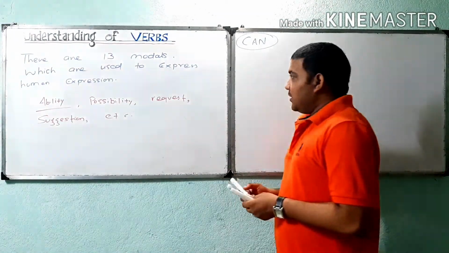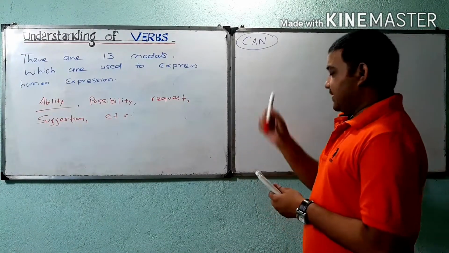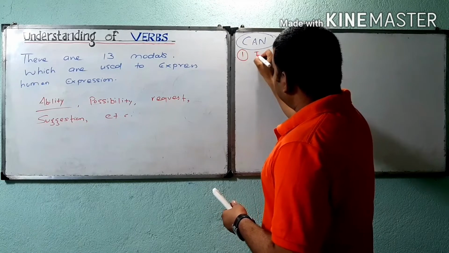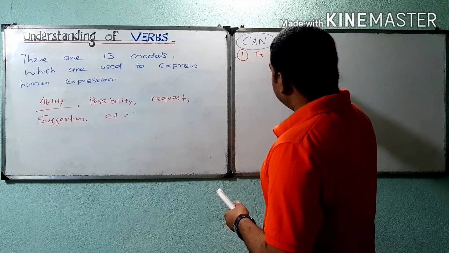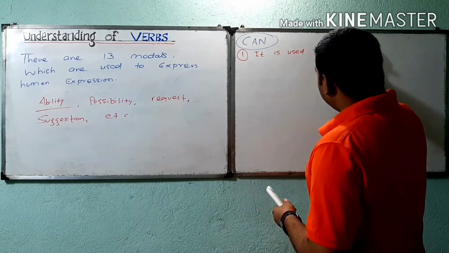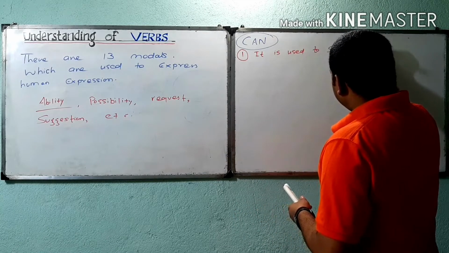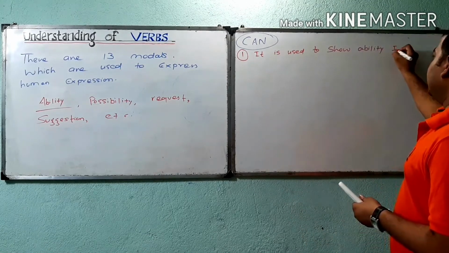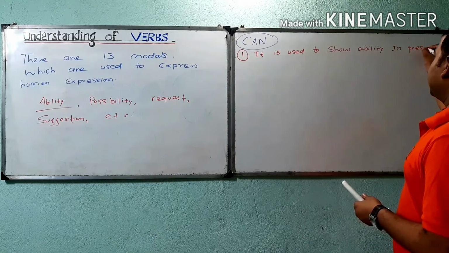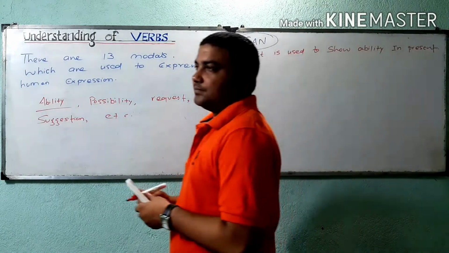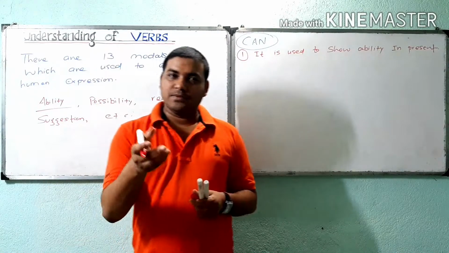Correct? Now the first use of can is to show ability in present. In present form, it is used to show ability.